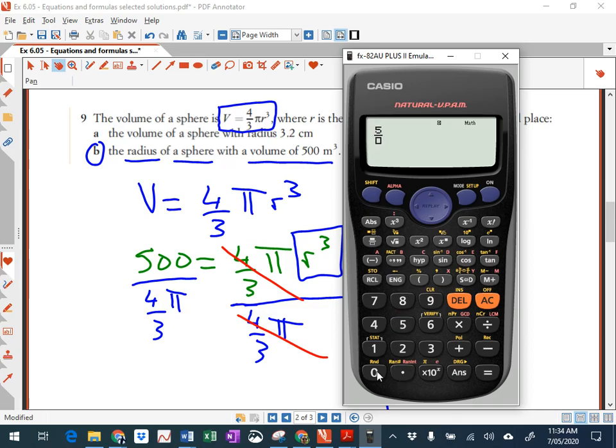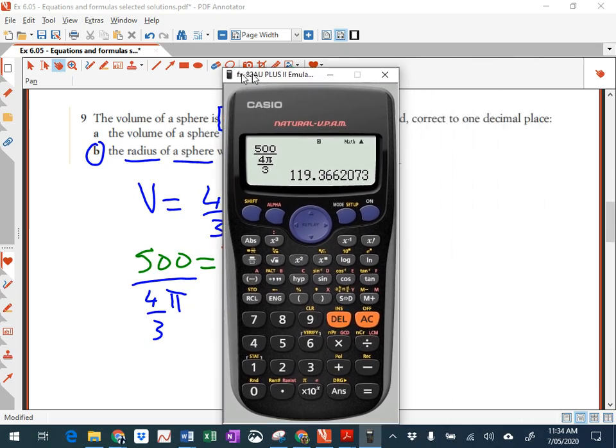You're going to put in 500. And you're going to go down to the denominator, press your fraction button again, and put in 4 shift pi over 3. Then you're going to press equals. All right, that's 119.36.